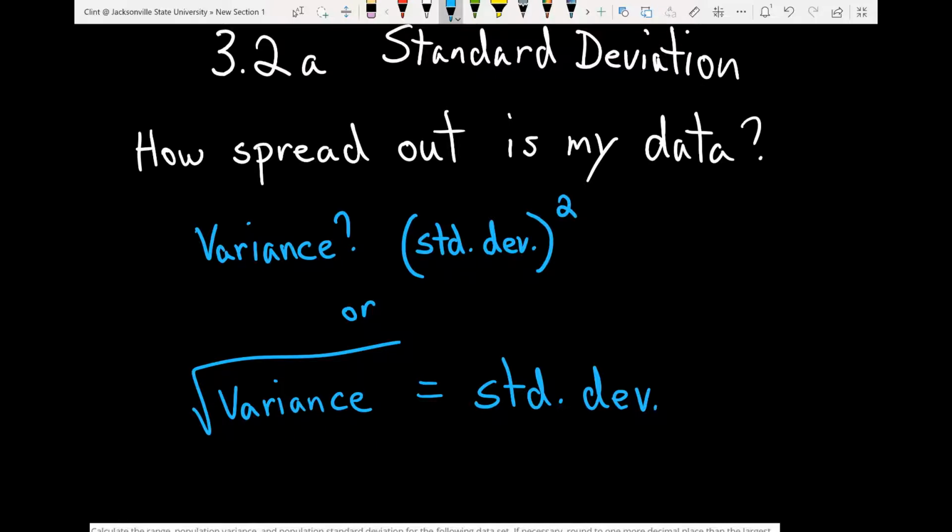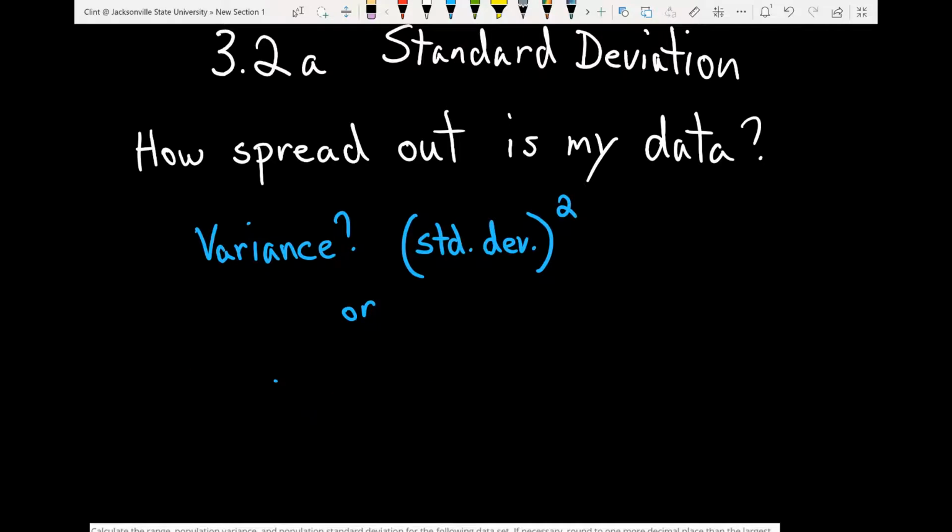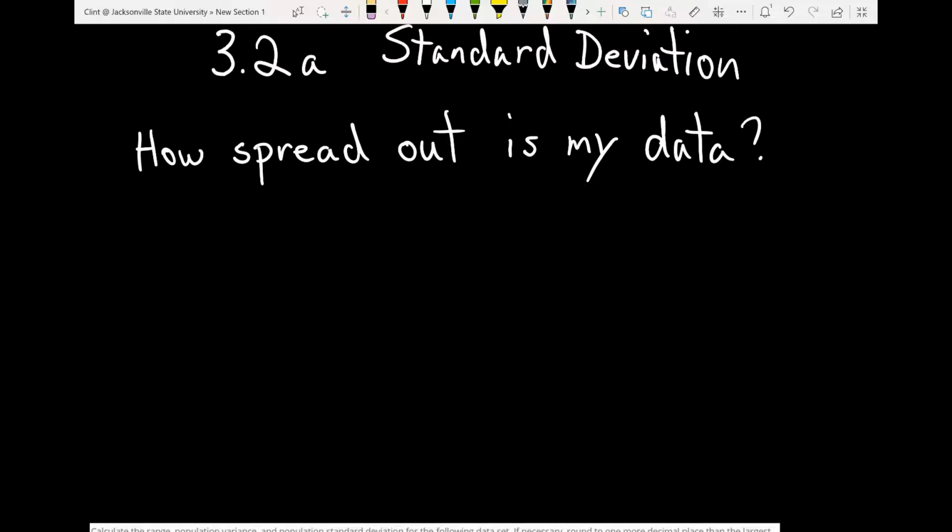Okay? And then one other little table to make, because we have two new symbols. Sometimes we're dealing with sample data, sometimes we're dealing with population data.